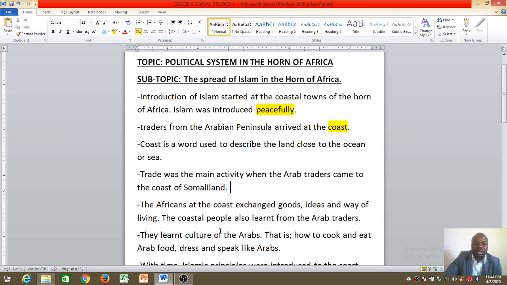And at the exchange, the coastal people also learned from the Arab traders. Arabs learned the local language, but the people of the Horn of Africa also learned the Arab things, how to behave like Arabs in terms of language, way of dressing also.